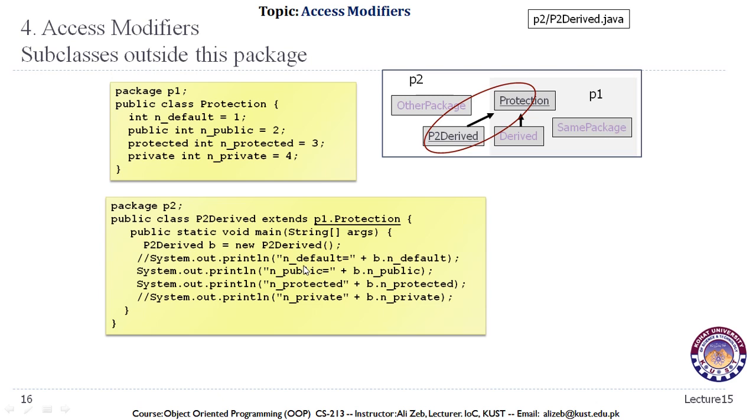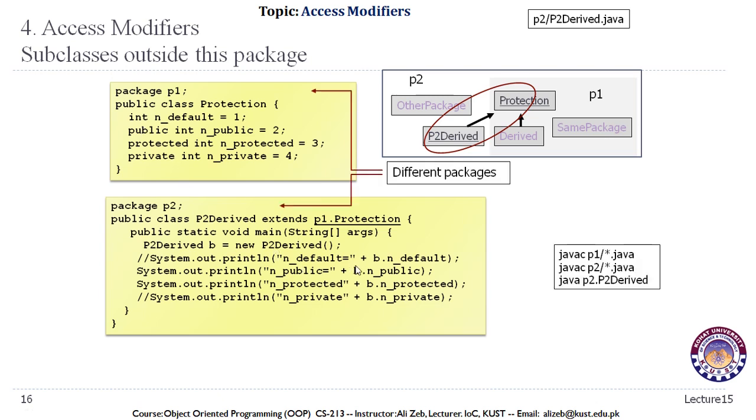If we try to access the default variable, now these are in different packages. We compile all the files within the packages. The default variable is not accessible by the subclass that is in another package. Although there is a direct relationship between the P2 derived class and the protection class, since they are in two different packages, the default variables will not be accessible in the different package.